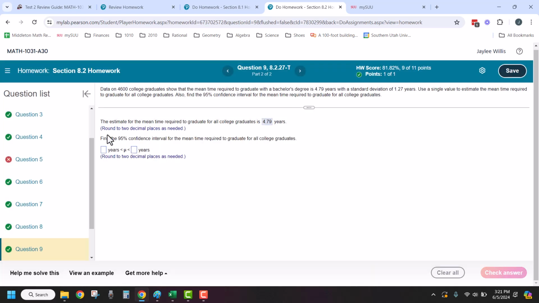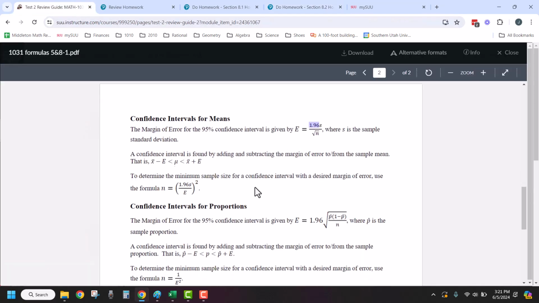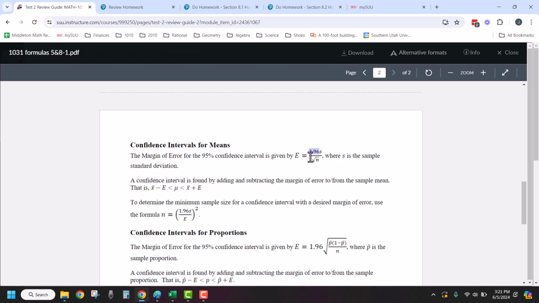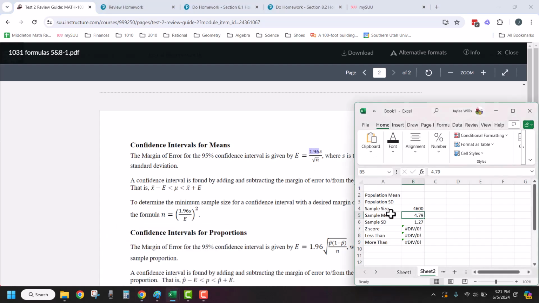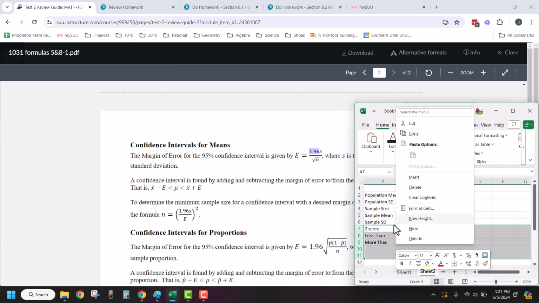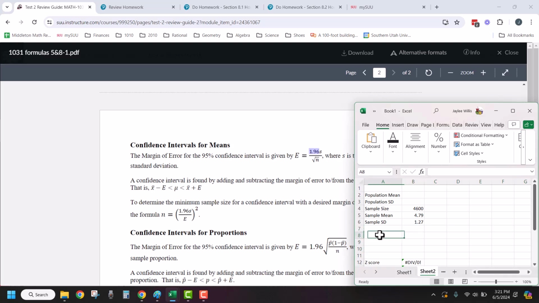And then the confidence interval is calculated by adding the error, or sorry, the margin of error, which we can calculate with this formula. So I'm going to go ahead and calculate that. And maybe I'll add a couple rows above here so that I have room for this.